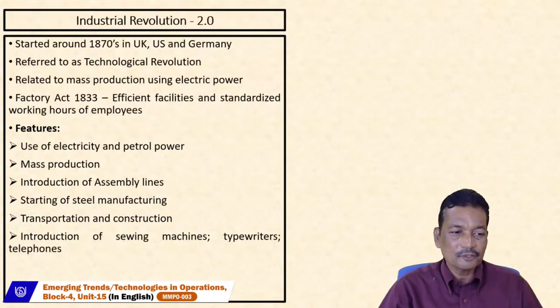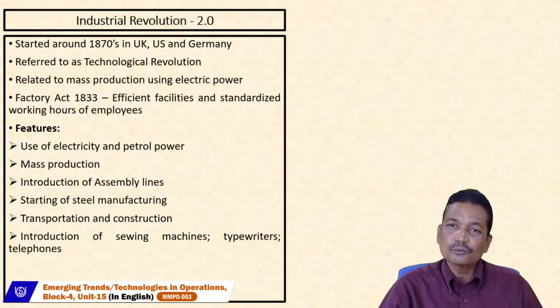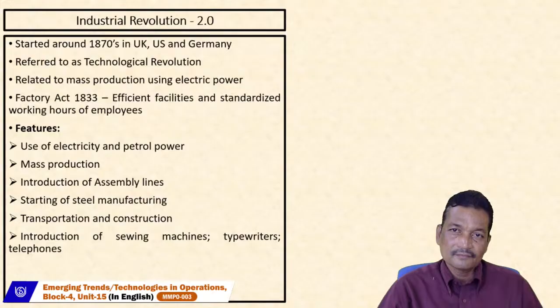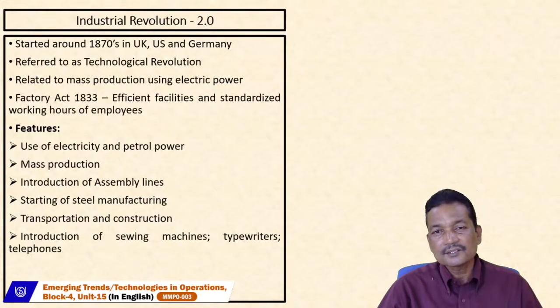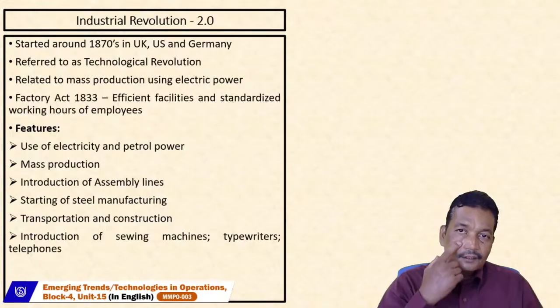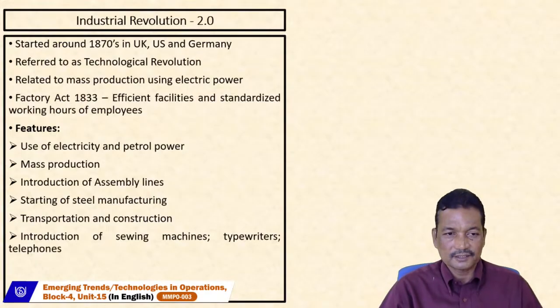But in Industrial Revolution 2.0, due to newer technology, came up the steel manufacturing, where the steel was resistant to the impact of environmental impacts, sturdy, and could be used for various purposes.